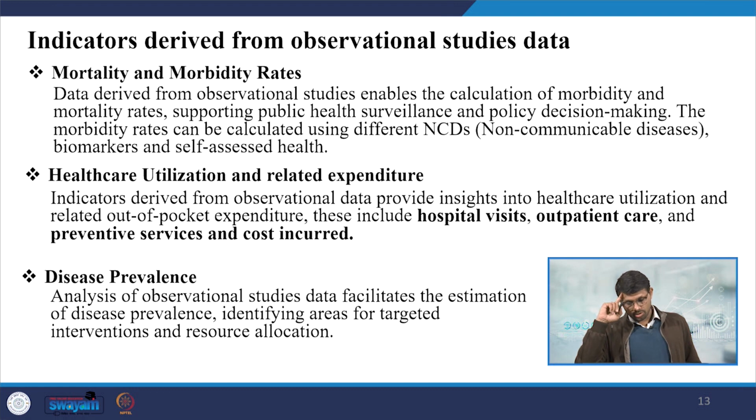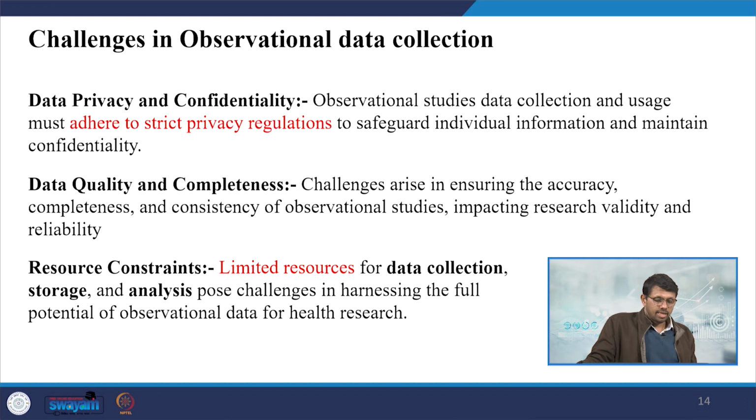It has a focus on different parameters of morbidities and public health surveillance, and how far these help in calculating morbidity and mortality rates. Coming to healthcare utilization and related expenditure, you will get enough information about out-of-pocket expenditure. These include hospital visits, outpatient care, preventive services and cost, etc. Disease prevalence can also be tracked from those observational studies. I think you can follow from the slides.